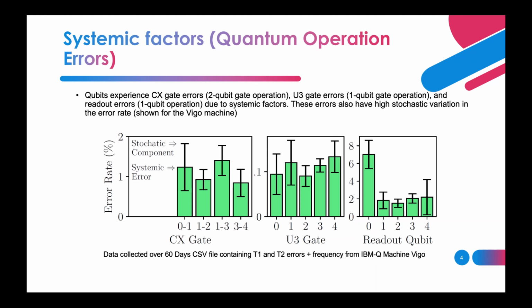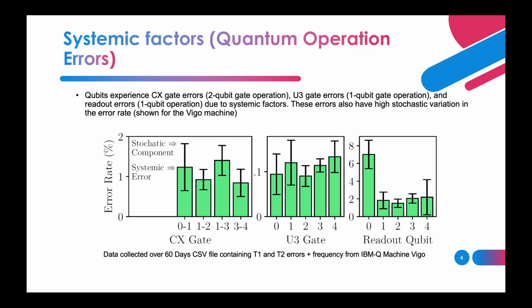So the authors of this paper study these features. This is just a representation of the qubit correlation between 0 and 1, 1 and 2, and how much systematic error you get, or how much stochastic error component each one has.